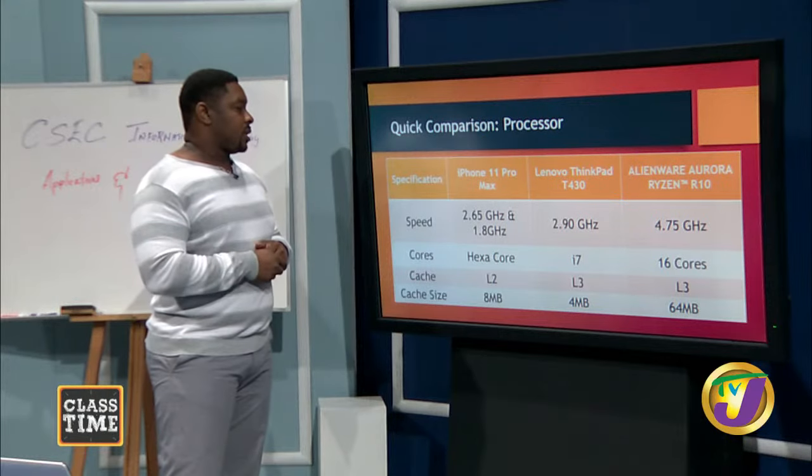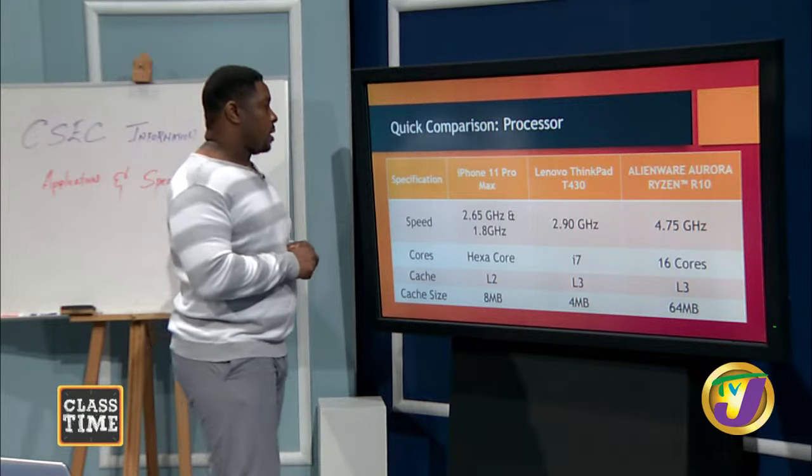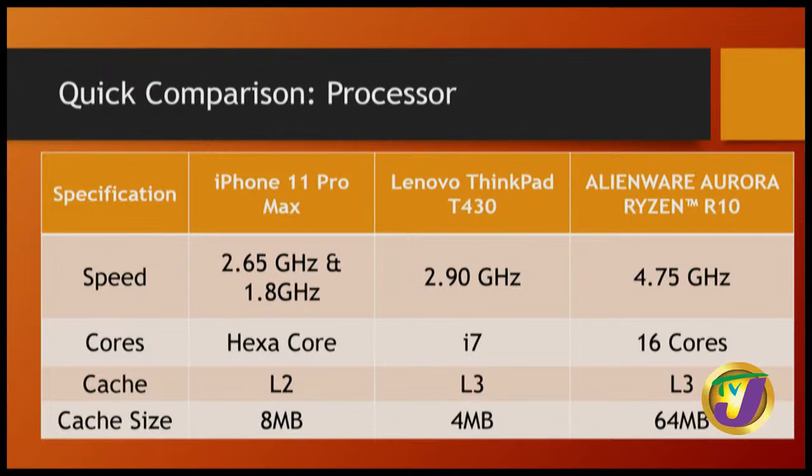So let's quickly look at a comparison of the processor for these devices, just to really make a measurement and see how they look. So the speed of your iPhone Pro Max is 2.65 and 1.8 gigahertz. Now, why do I have two different measurements? Well, your iPhone Pro Max actually is what we call a hexacore, and it means that there are 6 cores.